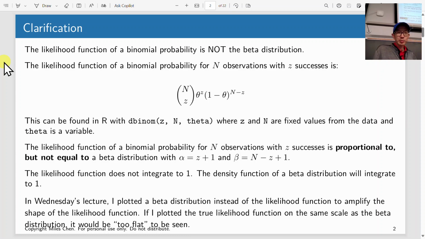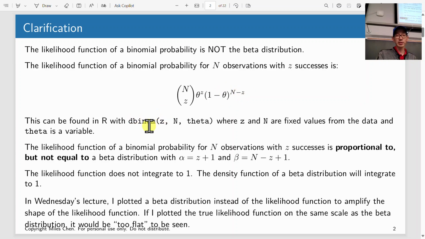Just a tiny bit of clarification. When we talk about the likelihood function of a binomial probability, it is not the same thing as the beta distribution, okay? It looks a lot like the beta distribution. So you have n choose z, theta to the z, 1 minus theta to the n minus z.